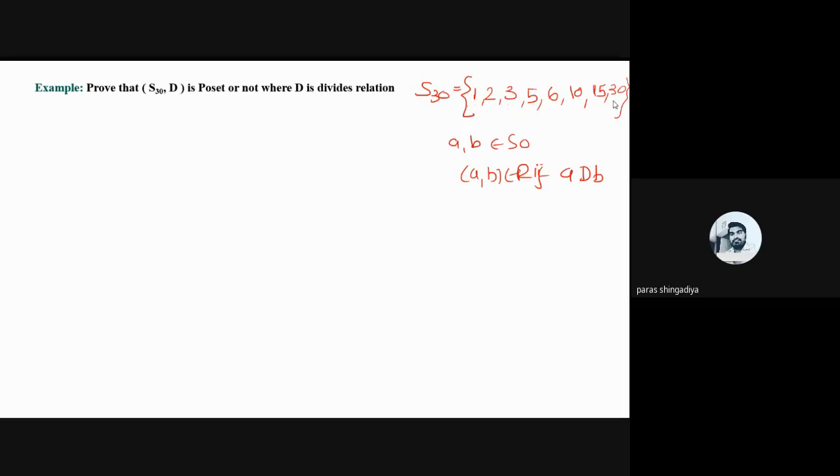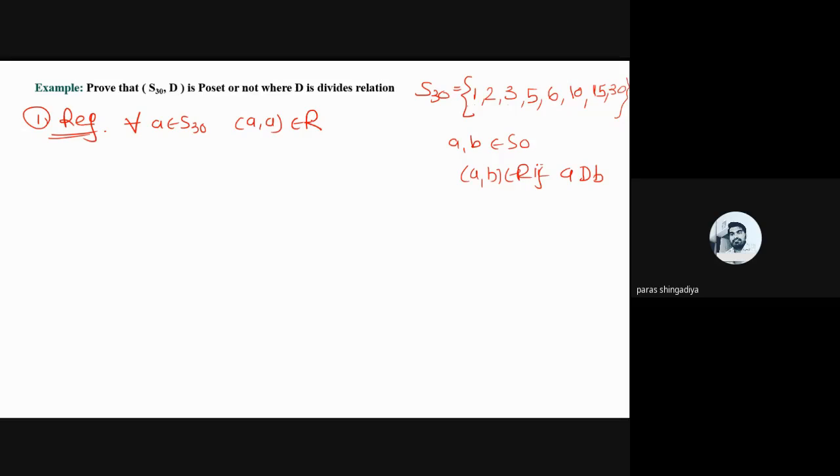Now we'll check whether it is reflexive, antisymmetric, and transitive. The first condition is reflexive. What is the meaning of reflexive? For every A belongs to S30, we check whether (A, A) belongs to R or not.